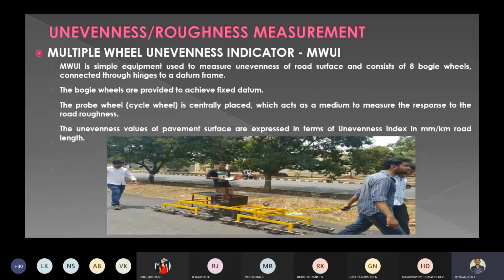And a multiple wheel unevenness indicator: 8 bogie wheels will be attached to a datum frame through hinges. Then the cycle wheel will be placed at the center and it will record the undulations of the pavement, expressed in terms of unevenness index, that is, millimeter per kilometer.